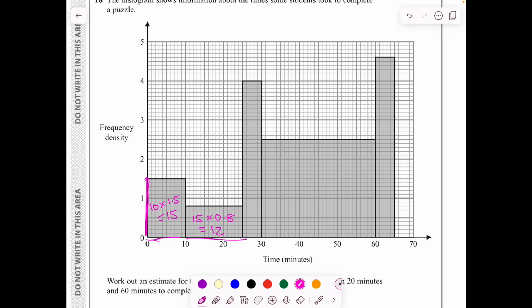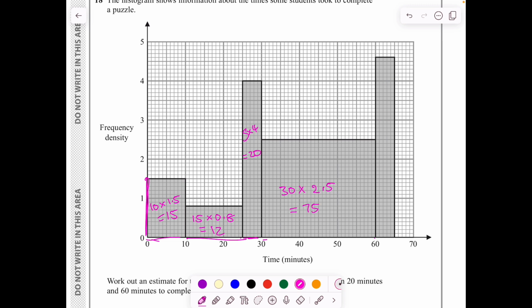This is 25 to 30, so it's 5 wide, so 5 times 4, so 20 people, 20 students here. Here we've got 30 to 60, so 30 times, and the height there is 2.5, which gives us 75 students there.